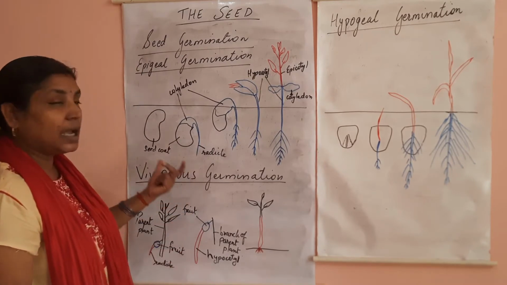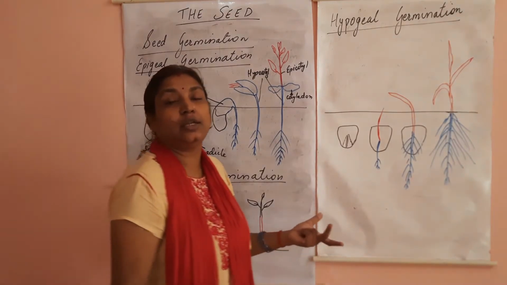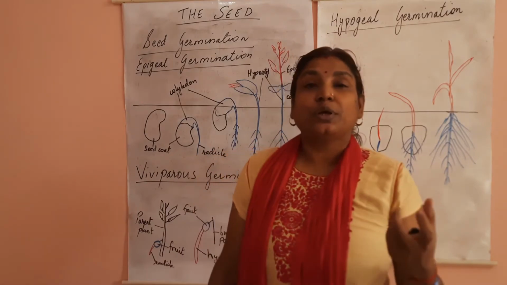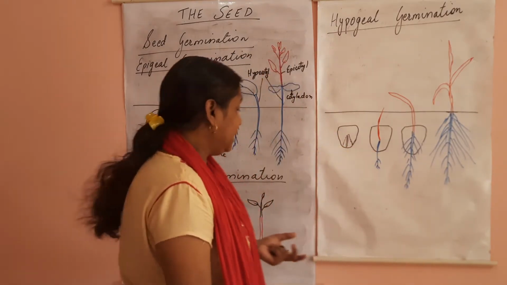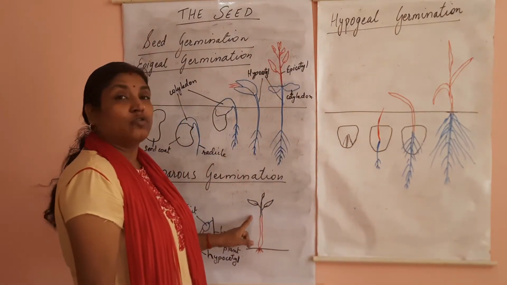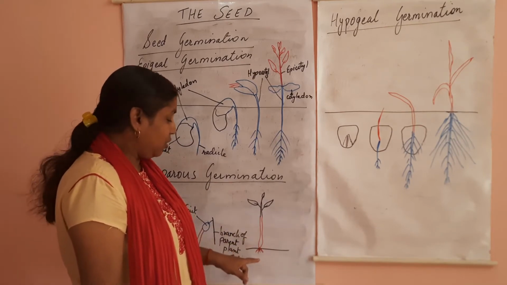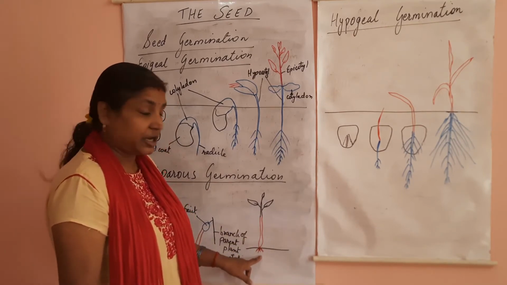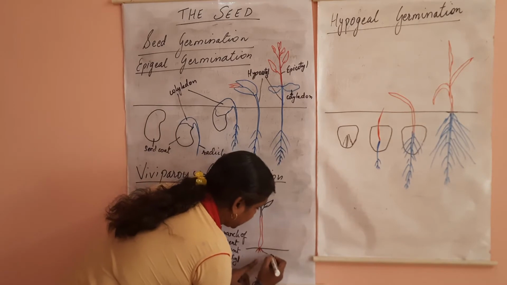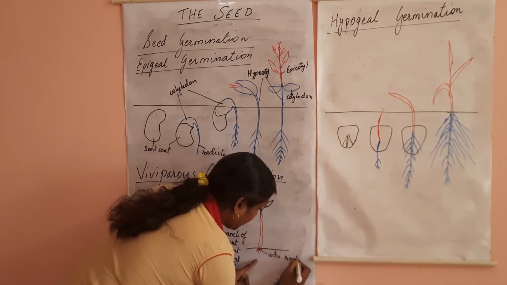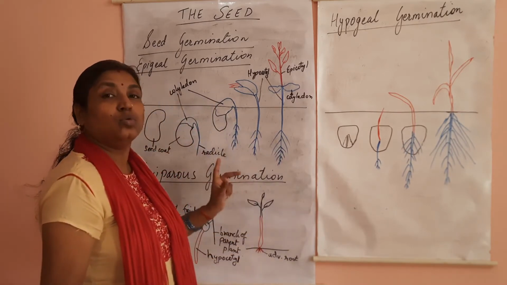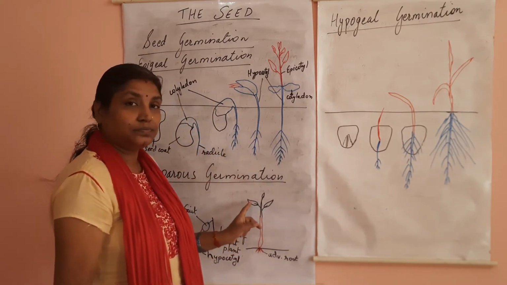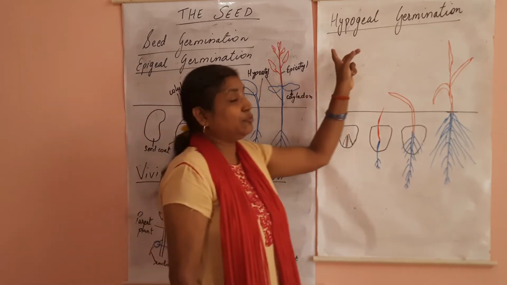Now what happens, as the hypocotyle elongates more, the fruit becomes more and more heavy. Finally it detaches itself from the parent plant and then on the suitable substratum, when they find the suitable substratum, they will develop into a new plant. Clear?